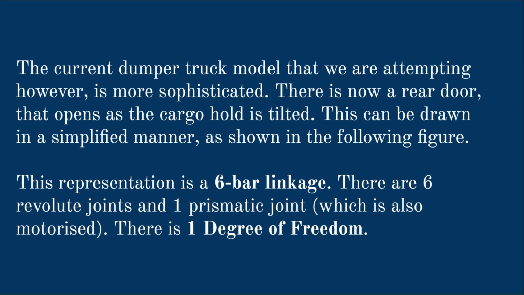There is now a rear door that opens as the cargo hold is tilted. This door helps to keep the cargo secured properly. The angle of opening is also more than regular dumper trucks that use only gravity to keep their bin doors open for the same extension or tilt of the dumper bin. This mechanism can be drawn in a simplified manner as shown in the following figure.